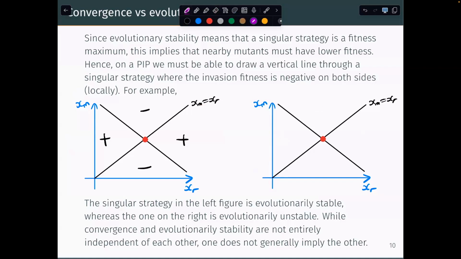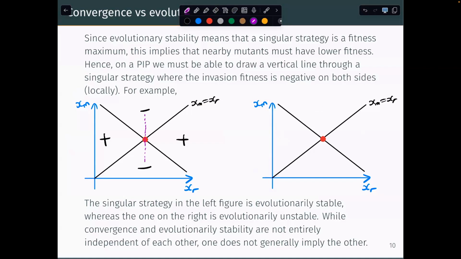If you imagine drawing a vertical line through that singular strategy, just consider this left one for now. What does that mean? Well, I've just said about thinking about the curvature of our invasion fitness.